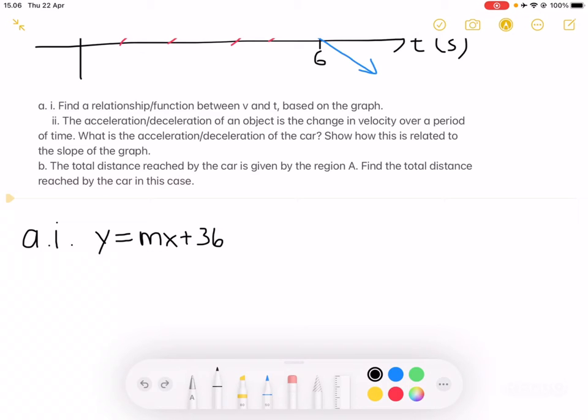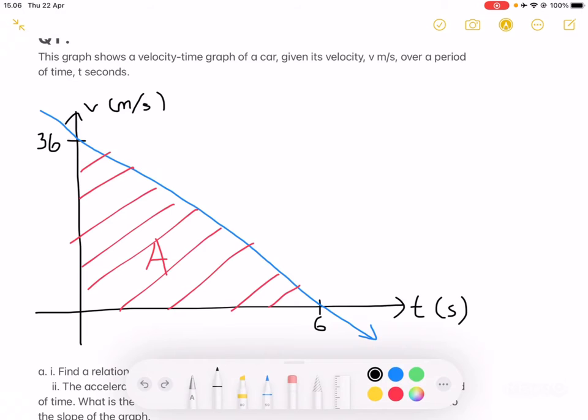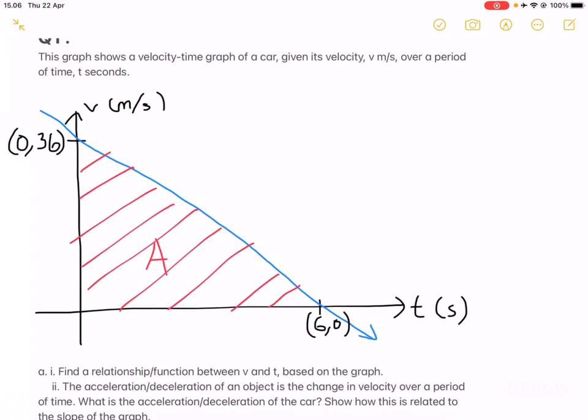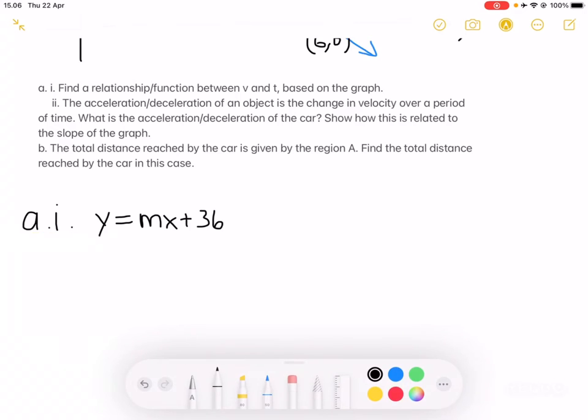That's not too hard to see, because we can find these coordinates. We have (6, 0) and (0, 36) as our coordinates. Given 2 points, we can find the gradient of this line, sometimes called gradient or slope.